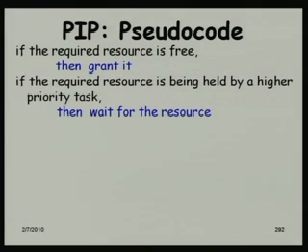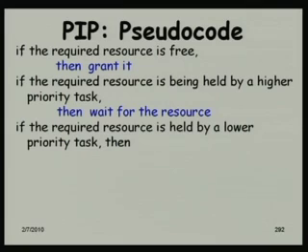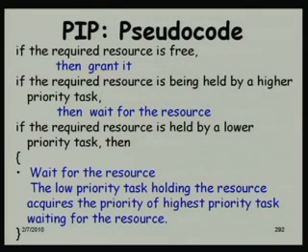If the resource is held by a higher priority task, no problem, just keep on waiting for the resource. If it is held by a lower priority task, then it waits for the resource, first thing, and also the priority inheritance clause is applied.